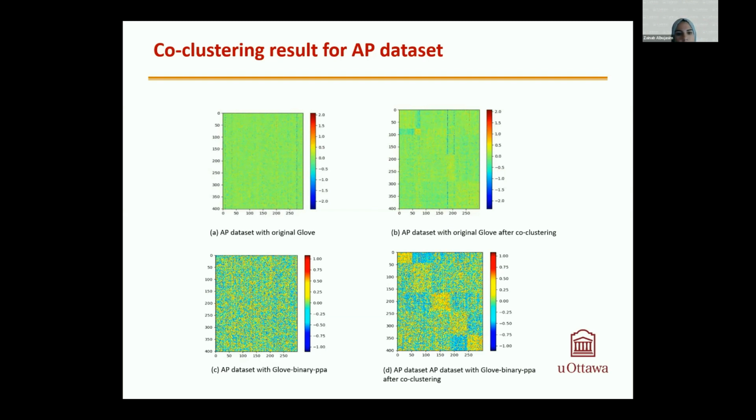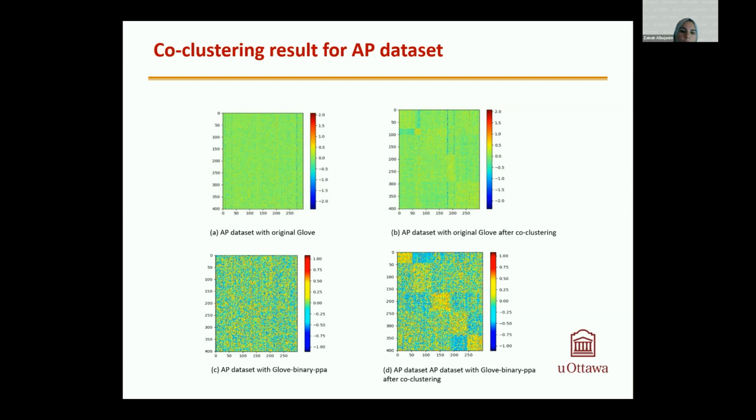In figures C and D, this is our proposed method. We use the GloVe binary BPA, our proposed technique, and we plot the AB dataset, and you can see there is a difference in the representation of the data. In our method, the values are more distinguished.